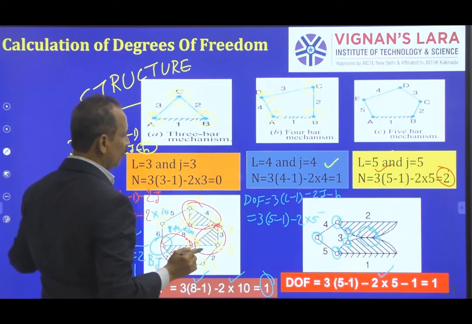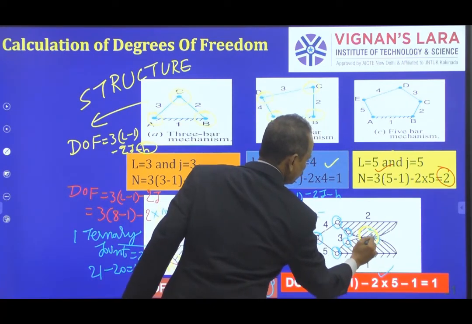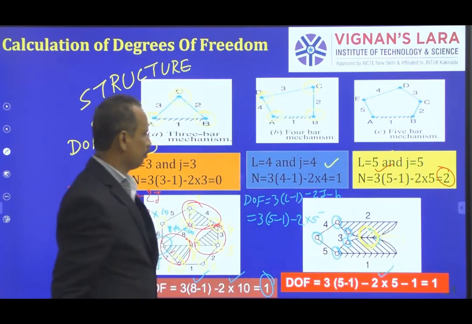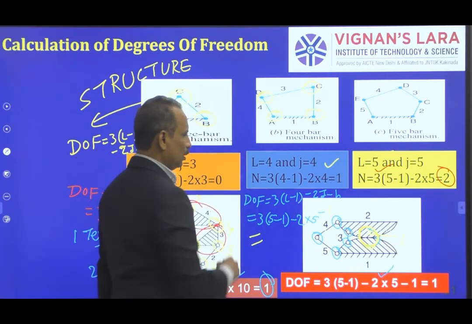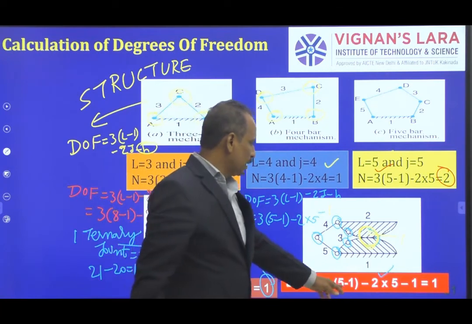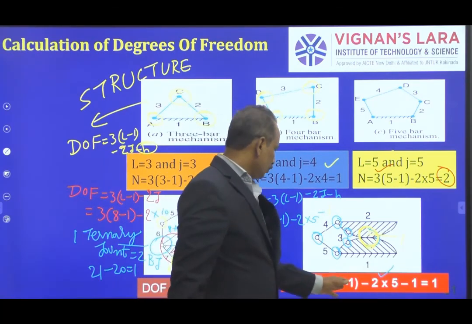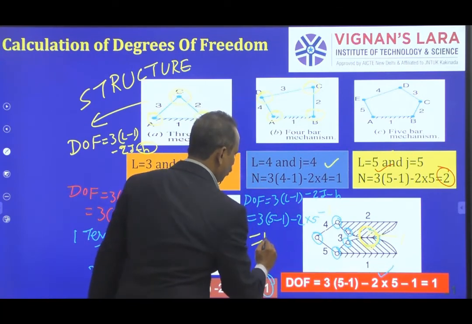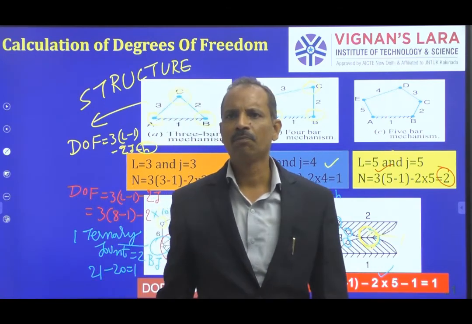There is only one higher pair, that is this. One higher pair, minus 1. So 3 into 5 minus 1 minus 2 into 5 minus 1, that gives 12 minus 10 minus 1, which is 1 degree of freedom.